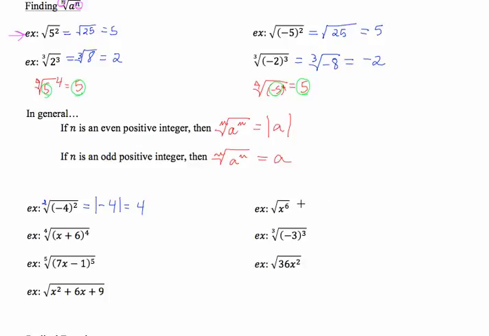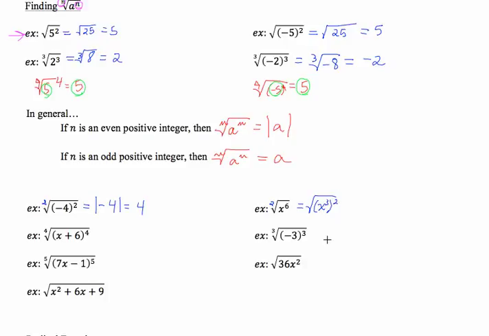Okay, and this one over here. Now this is not written in the form nth root of a to the n, because we have a square root here and then we have a power of 6 over here. So in order to use these rules, which is what I want to do, we need to rewrite what's under the radical as something squared. I'm going to rewrite it as x cubed all squared.